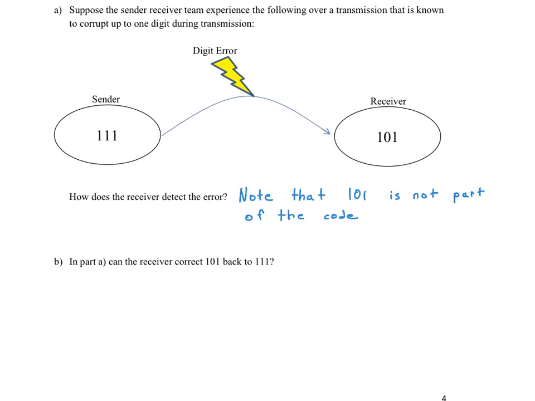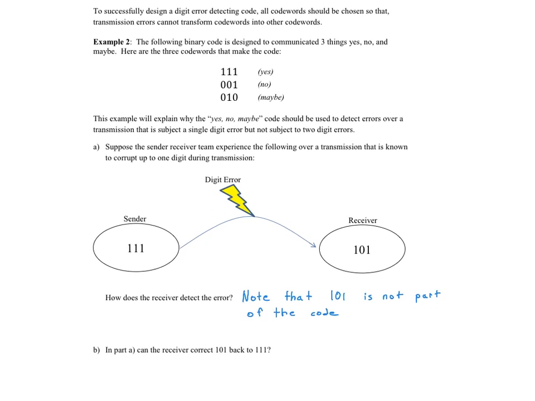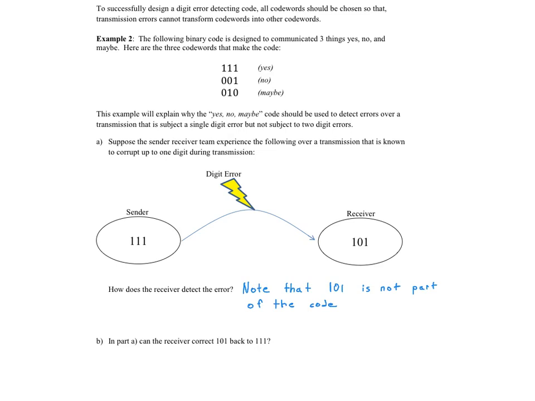Okay, so next, in this part that we just looked at, can the receiver do correction? So let's think about that. The receiver only has the information of receiving 101 and doesn't have the information of what was actually being sent. They just look in their mailbox and 101 arrives. So it could have been that one error occurred and it could have been that digit right there. That's what actually happened. But the receiver doesn't know that.